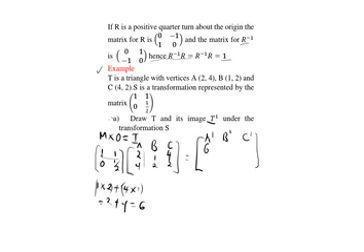Then we go to the first row times the second column to get the x coordinate of B prime. So we have 1 times 1 plus 2 times 1. So this is 1 plus 2, which is equal to 3.